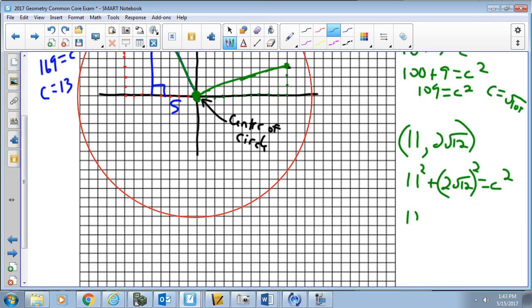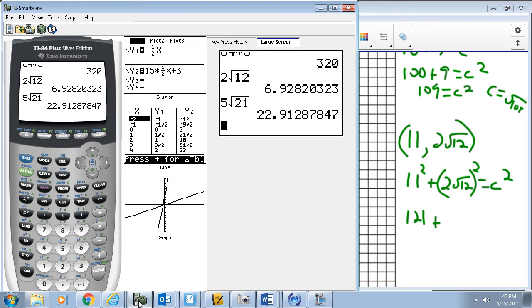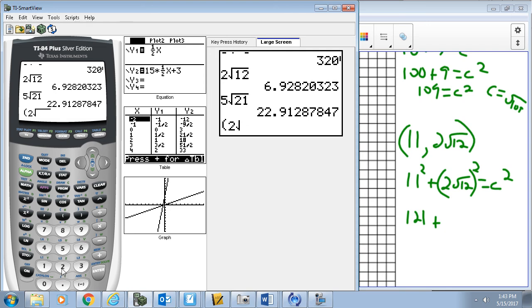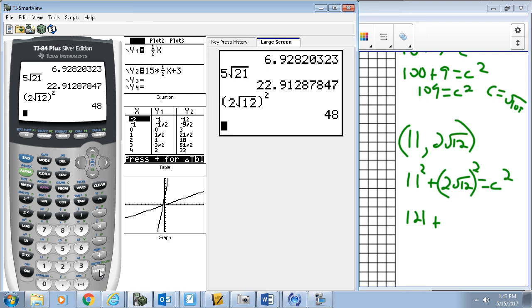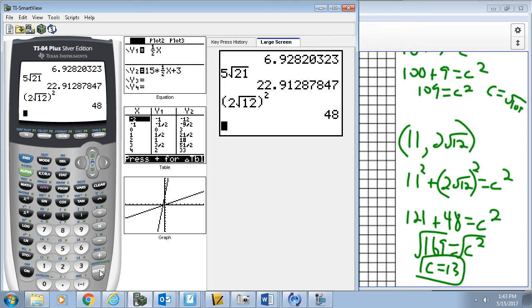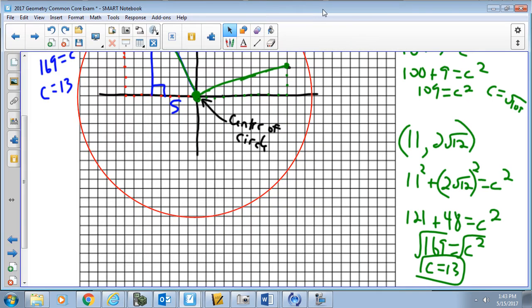And if I do that, I get 121 plus, and 2 radical 12 squared, you end up with 48. And you end up with 169 equals c squared. And c is equal to the square root of 169, which is 13. There you go. Just like our first point. So that's another way to do it. If I had more time, I'd go over a little more, but that's another way.